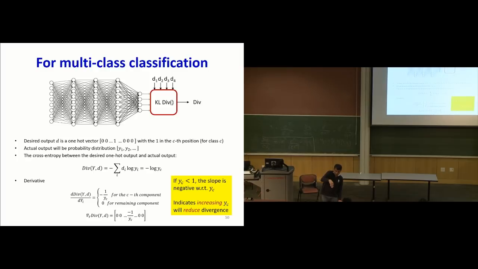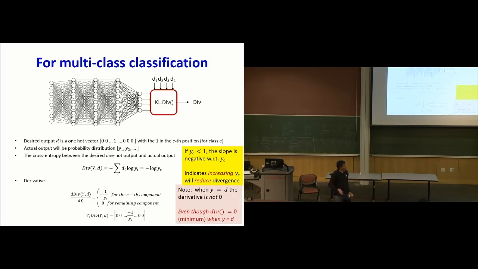You want to increase it because the derivative is pointing downwards. You're saying increase y. So you have this nice, very intuitive equation which tells you that you must increase y in order to decrease the divergence. And once again, note that when y is actually equal to d, the derivative is not 0.